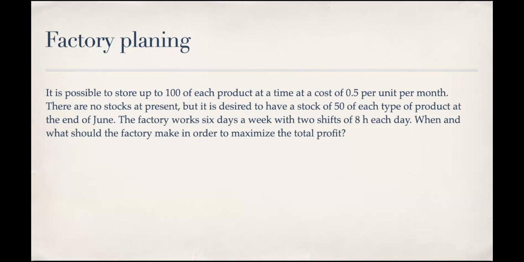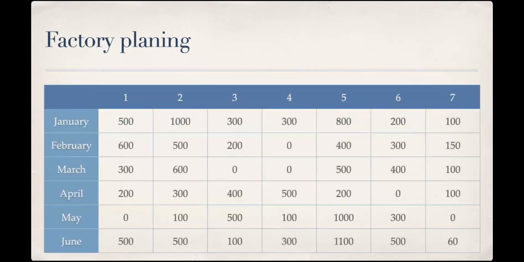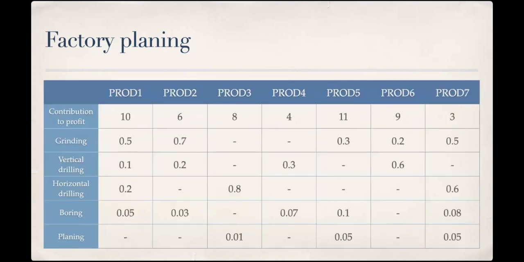Because we have information about this. However, it must be multiplied by the product we sell at each month. Okay? Not the product we produce.